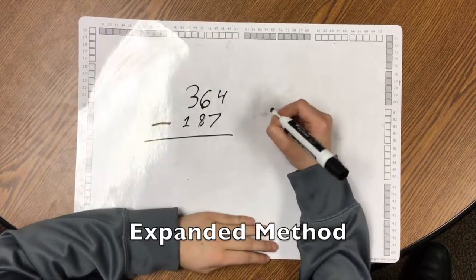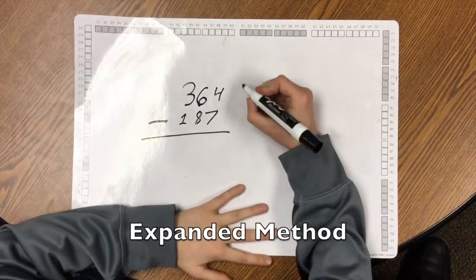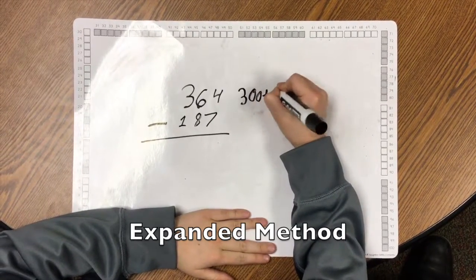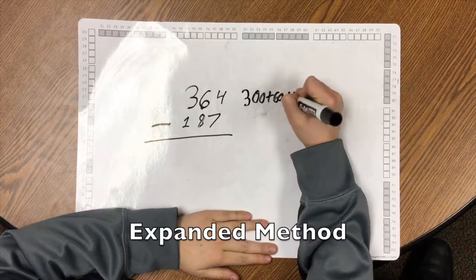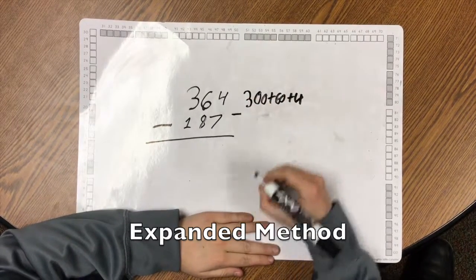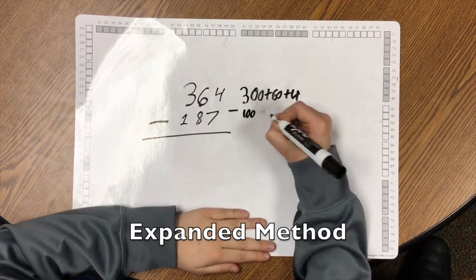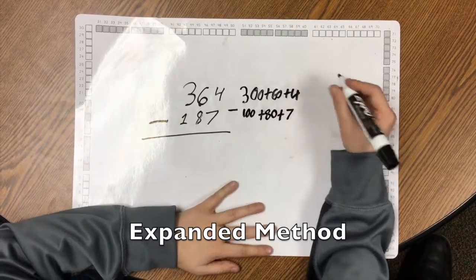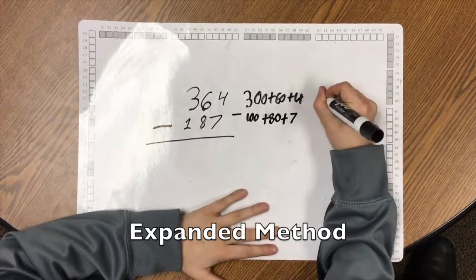Can you show the expanded method for subtraction? Yes, I'll expand it. 300 plus 60 plus 4 minus 100 plus 80 plus 7. Now I'll make my proof drawing.